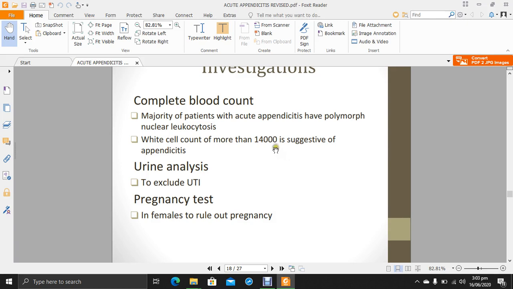Though we have mentioned 14,000 here, if someone has a leukocyte count of 5,000 and it reaches up to 10,000, this is significant. And if someone has a normal count of 10,000 or 11,000 and it reaches 14,000, this is quite significant. Urine analysis to exclude UTI and pregnancy test, especially, is very important in females.